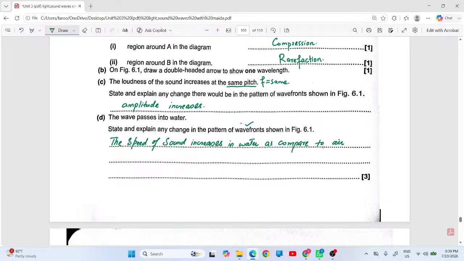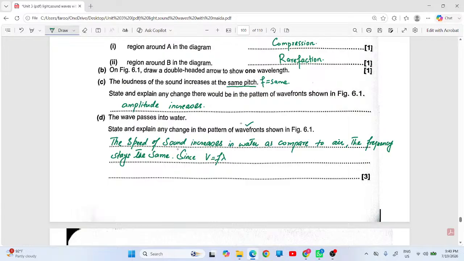Next, the frequency stays the same. Frequency stays the same, since we know that v equals f lambda, the wavelength increases.